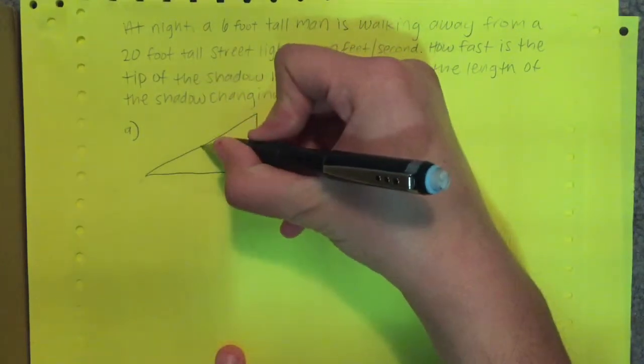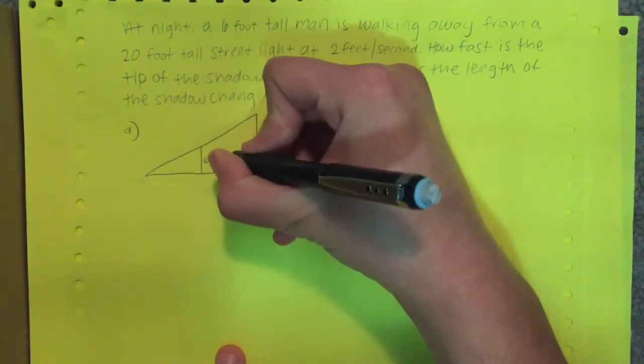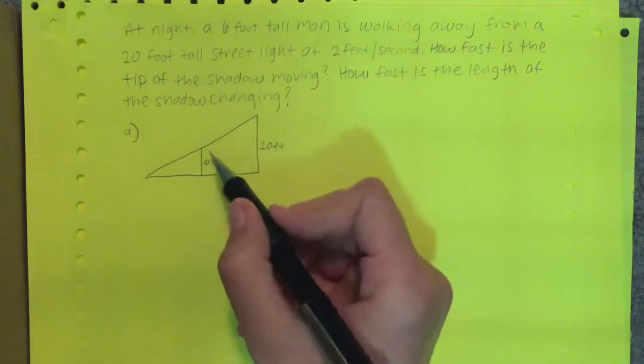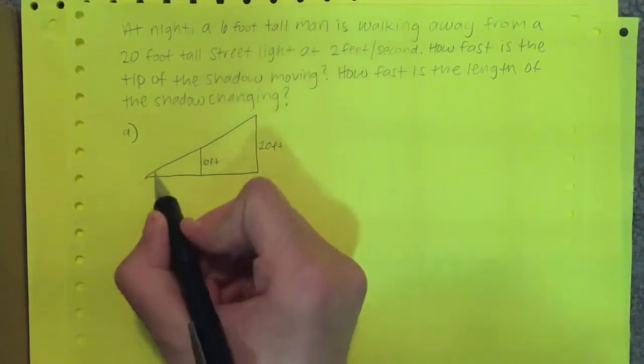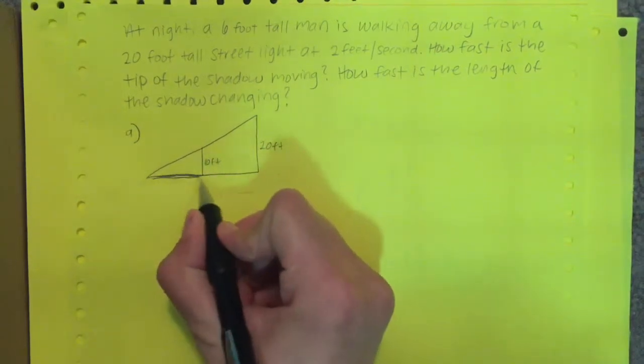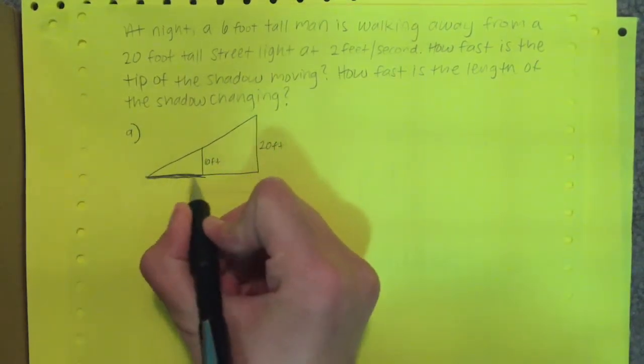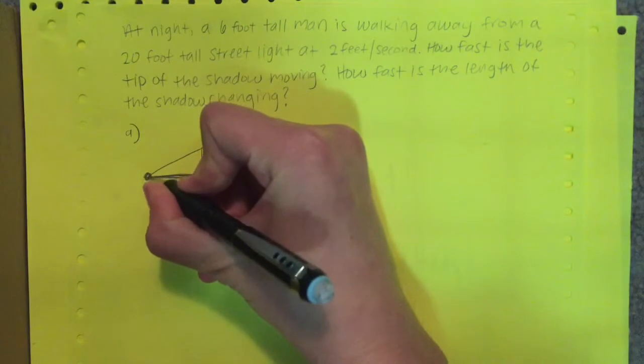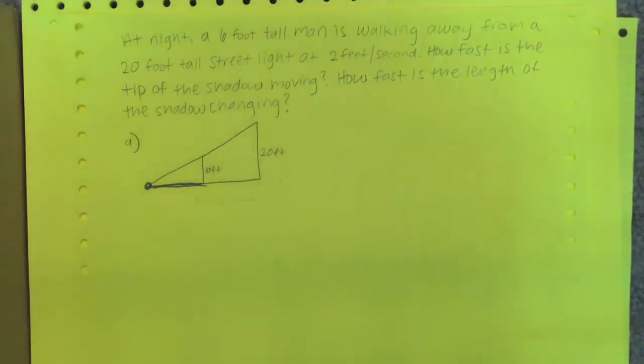If the man is standing right here, he's 6 feet tall, then there will be a shadow right here, because the light will be hitting his head and it'll be dark down here. So this will be a shadow, and this dot is the tip of the shadow.